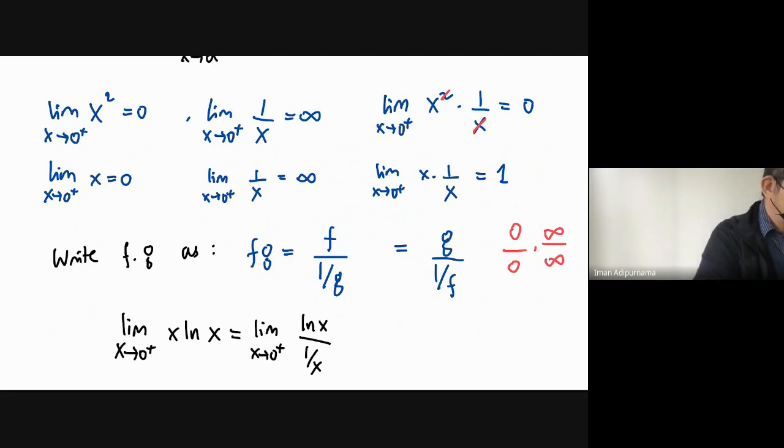Because when x is approaching 0, ln 0 is infinite, and 1 over 0 is also infinite. So this will be infinite over infinite. Then by doing so, we can take this to the L'Hopital process.